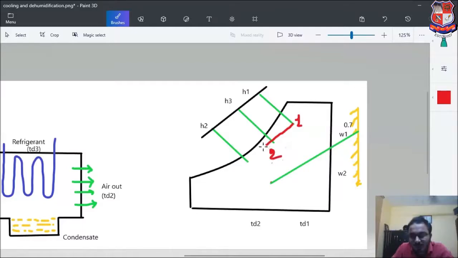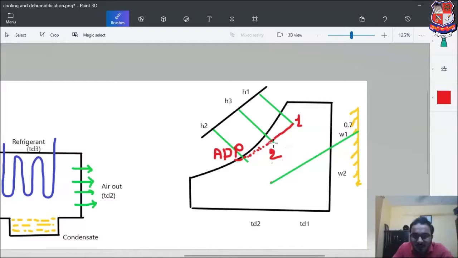Then if we keep on continuing on this, somewhere we will touch the saturation curve, and this will be our ADP, apparatus dew point temperature. So this is the effective surface temperature of the cooling coil.